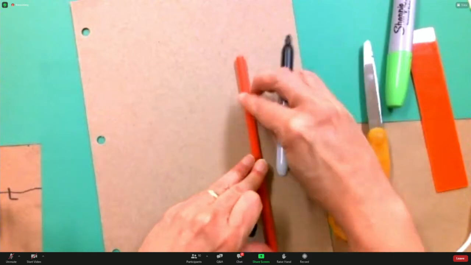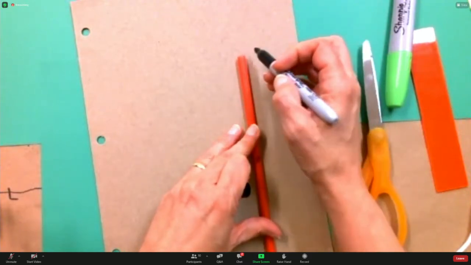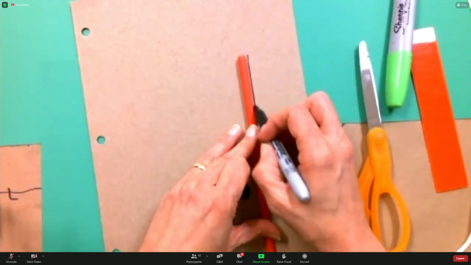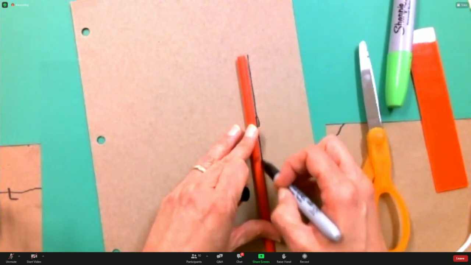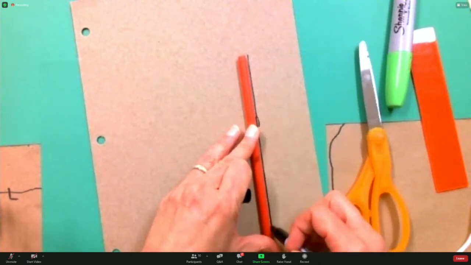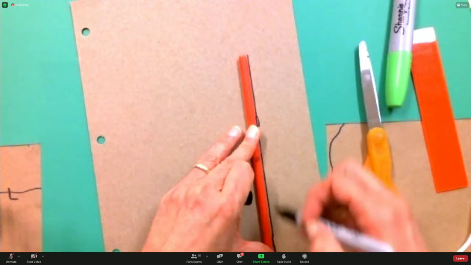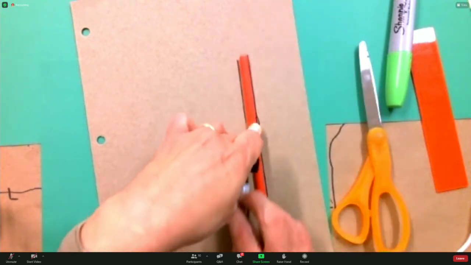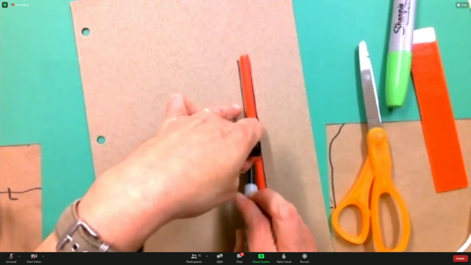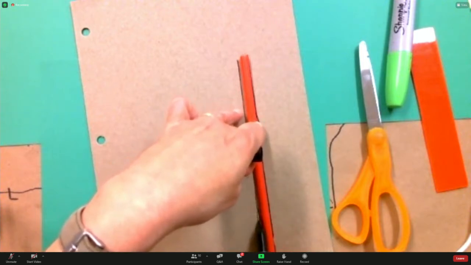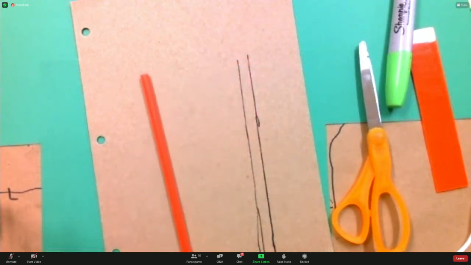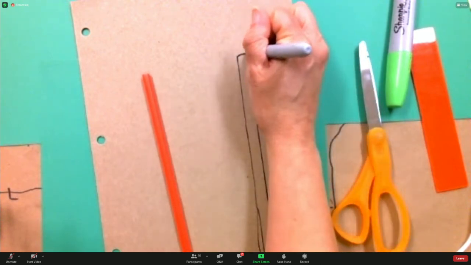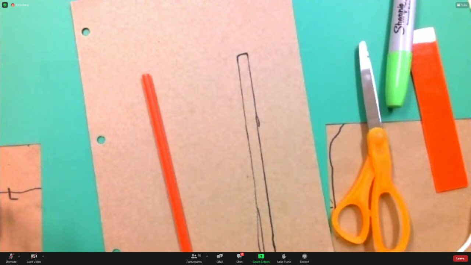So I'm just going to put the straw on the cardboard here and take out my Sharpie. Oops, got my finger in the way, and draw. I can use the straw itself to help me draw these straight lines, and that would be the shadow of the straw, or the projection of the straw on the cardboard.